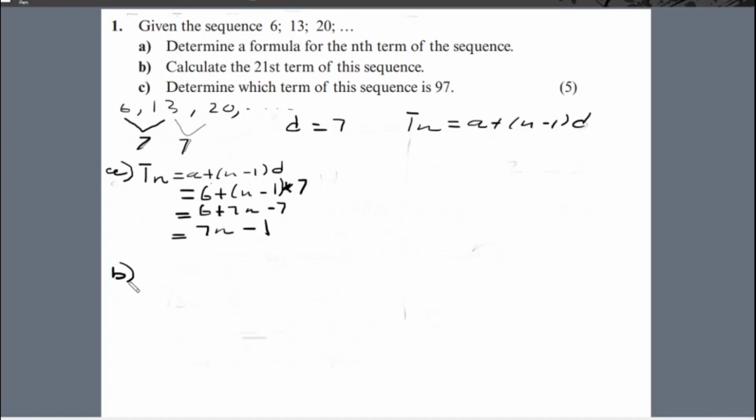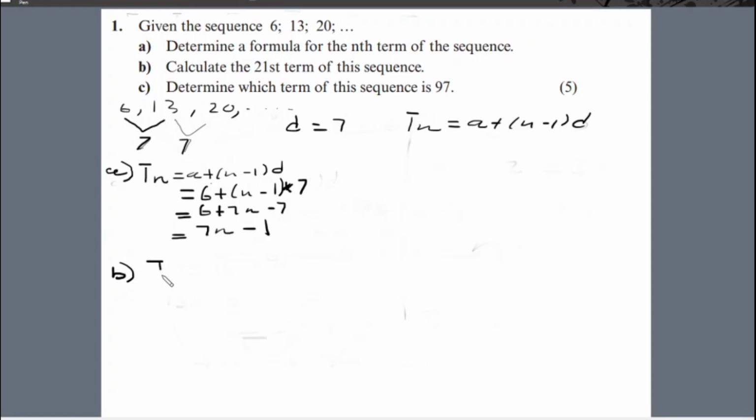And then question B says, calculate the 21st term of the sequence. They want to know what number is at position 21. So we go to our formula for tn, which is equal to 7n minus 1. Wherever we see n, we substitute 21.